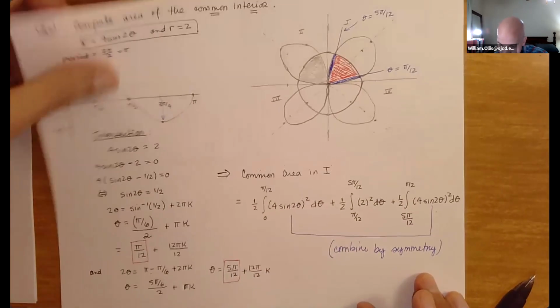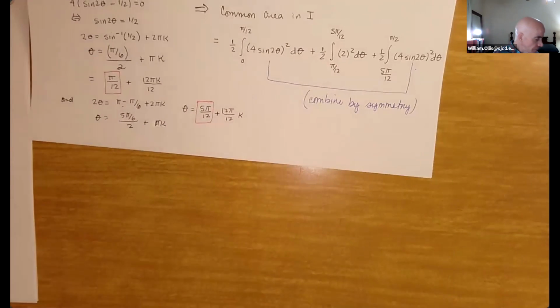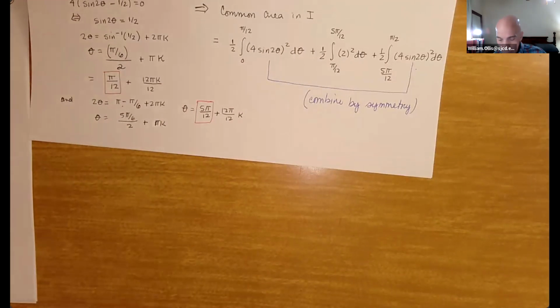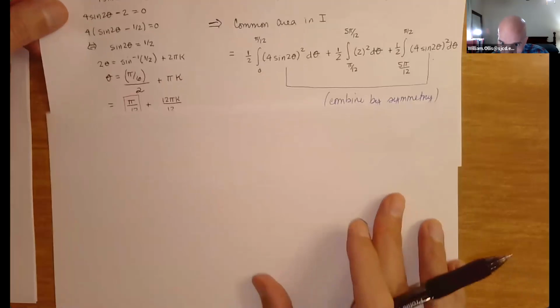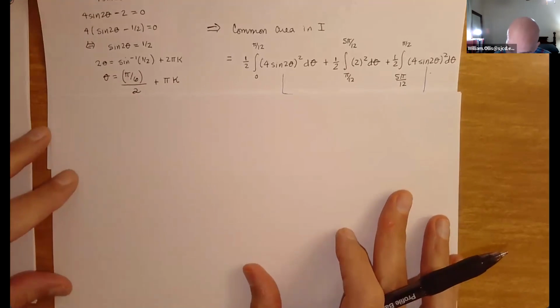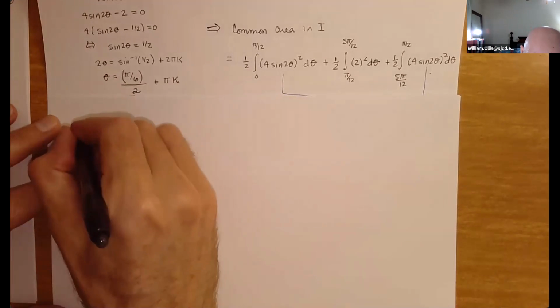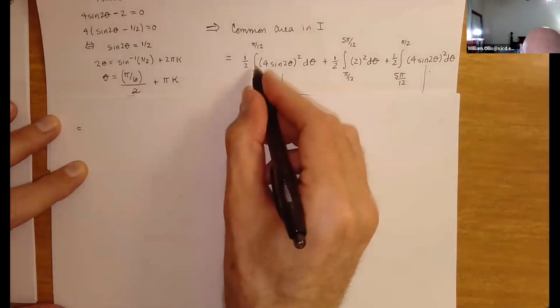So let me move to the next page. And then I'll get this written down here. So this will equal, in this case, we'll just take twice of this.